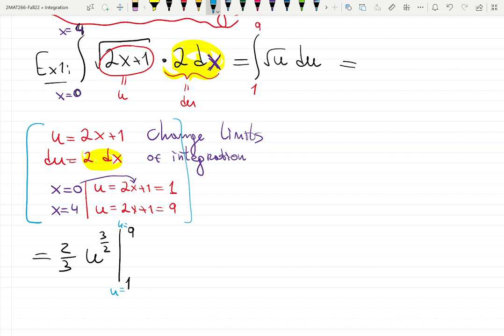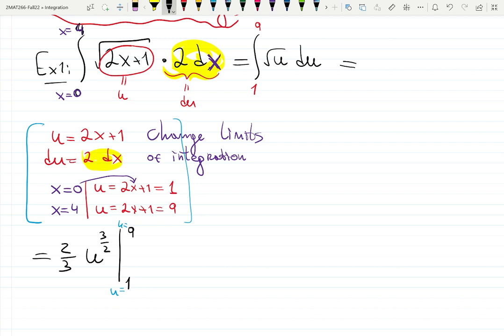You cannot plug 0 and 4 into u. It's like how many grandmothers are going in the morning to the store. You cannot plug the number of stores into grandmothers. Units should match. You cannot plug miles into grandmothers or grandmothers into the number of apples they bought. Units should match. So we're plugging in 1 and 9 because they're u.